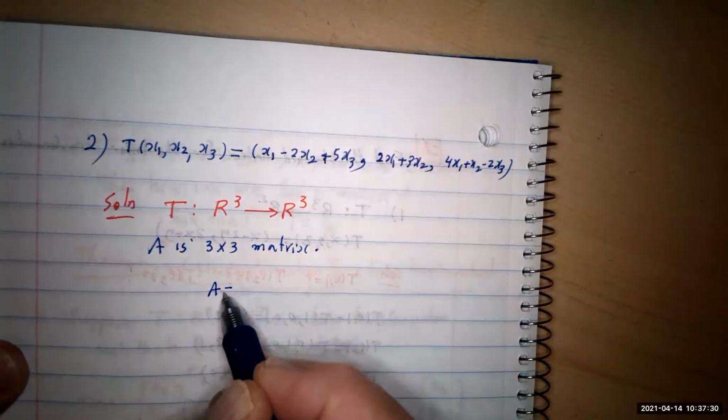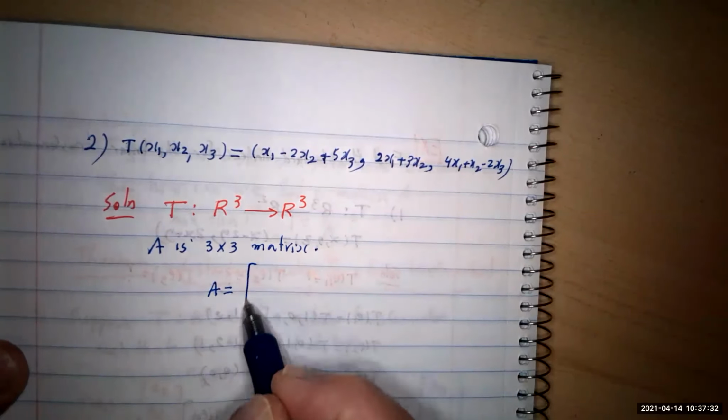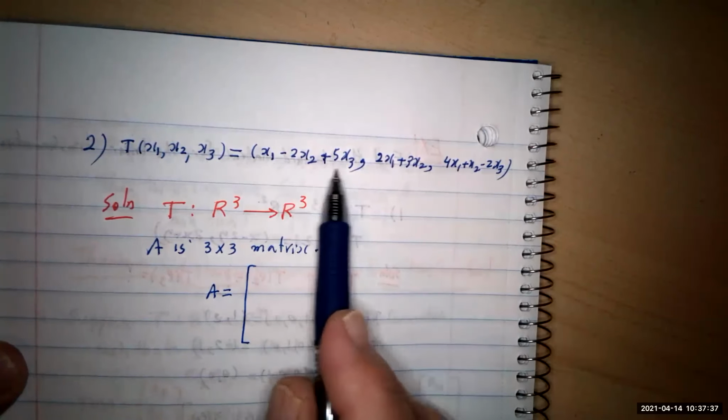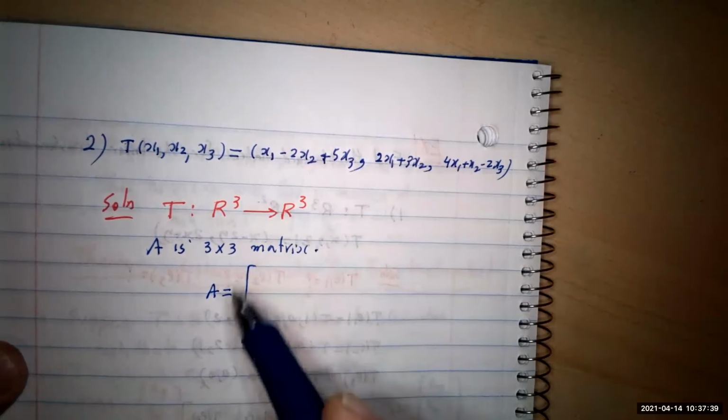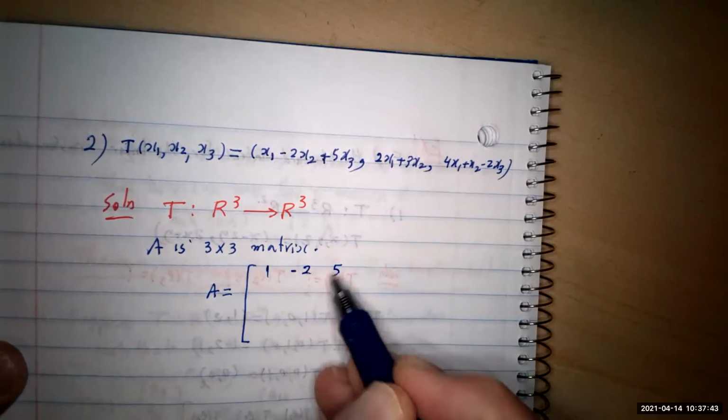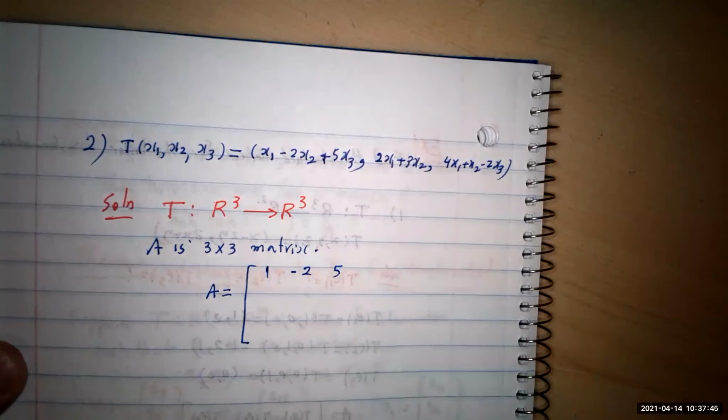The quick way is just to write the matrix of coefficients. The first row is 1, -2, 5. Each column represents x1, x2, and x3.